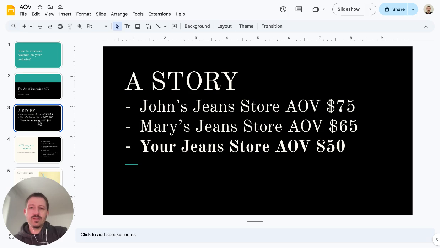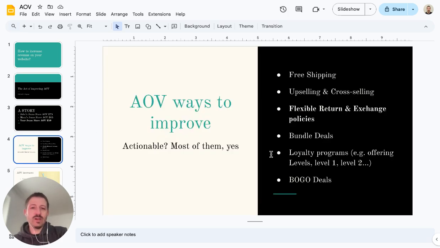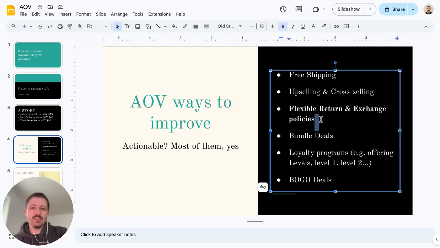Okay. So there are a few ways to actually do that, right? You have seen it probably many times, how to improve the AOV. Me personally, I like this one quite a lot, and I think it's underutilized by many companies. Flexible returns policy, right? Exchange policies, right? If you get a product that's not to your satisfaction, no questions asked, return within 30 days.